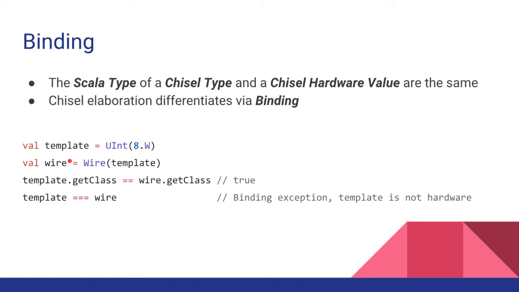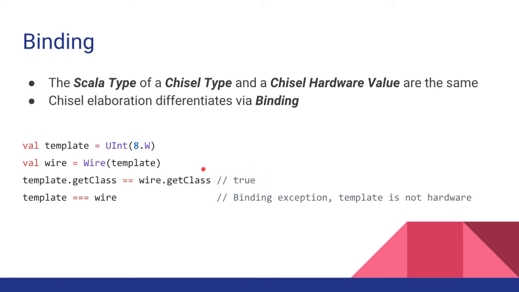Interestingly, the type of this wire is also UInt, according to Scala. If I do equality on their classes, getClass is a way for any JVM language of talking about the class, like what type an object is. If I get the class of them, according to Scala and to the JVM, they are the same class.